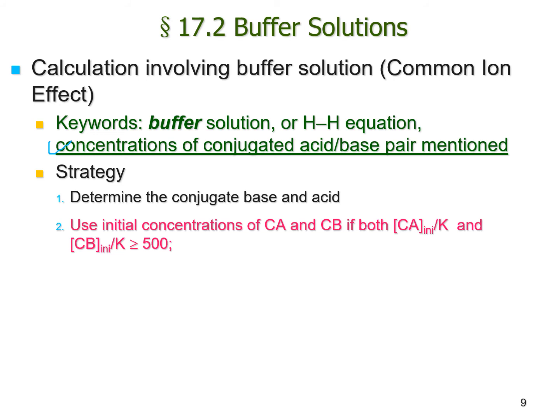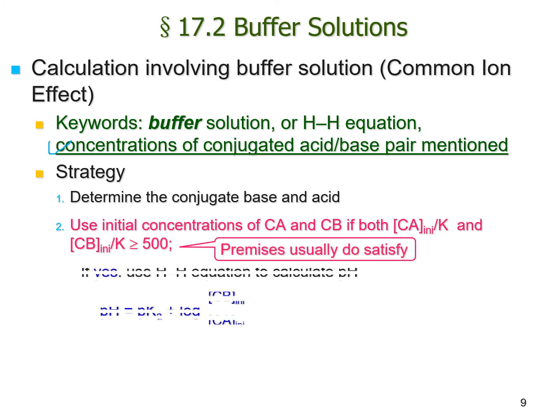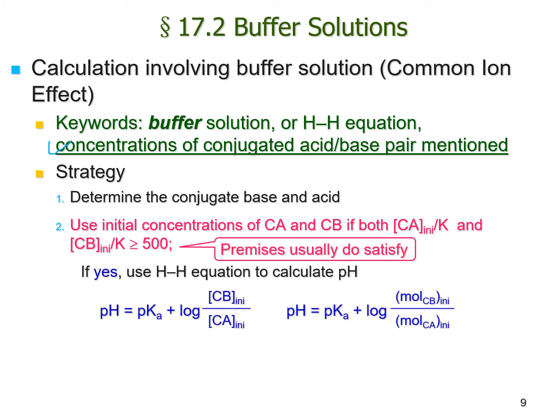With the concentrations known, most likely we can make sure that those two concentrations apply the 500 rule. Because once the 500 rule is applied, which most likely it's going to satisfy, otherwise it wouldn't be called a buffer solution. So most of the time we see the 500 rule applies. In this way, we can use initial concentration instead.